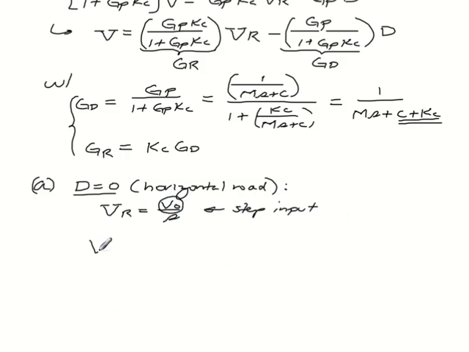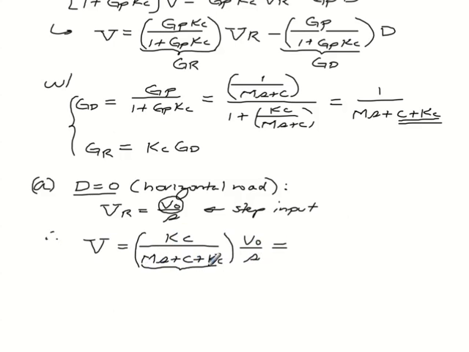So in this case, with no disturbance, our output V is equal to Kc divided by MS plus C plus Kc, times our input here, V0 over S. And what I'm going to do is put this first order denominator in a standard form.